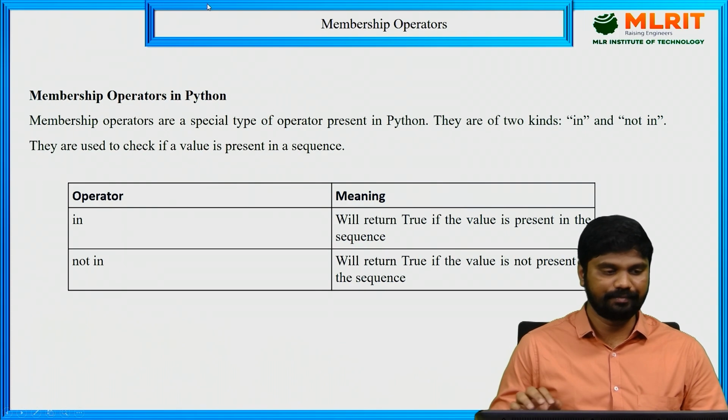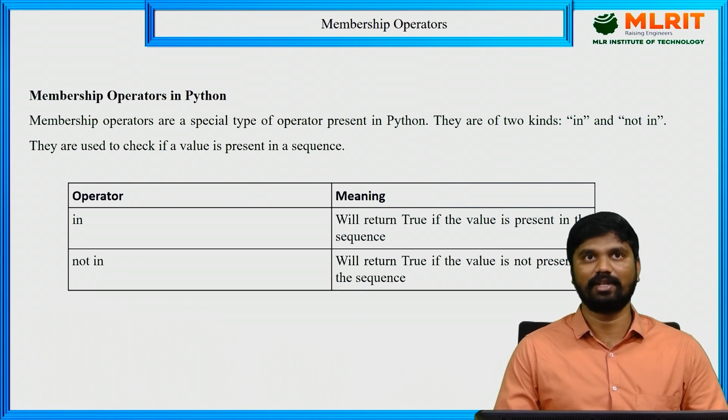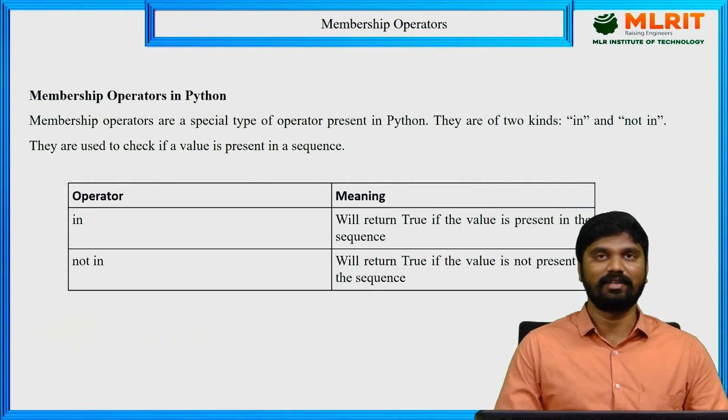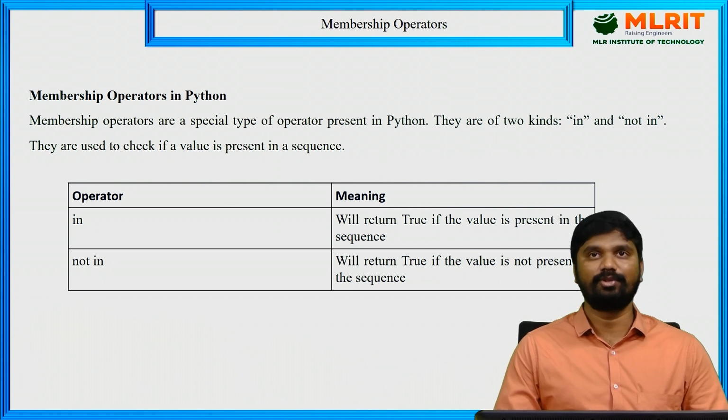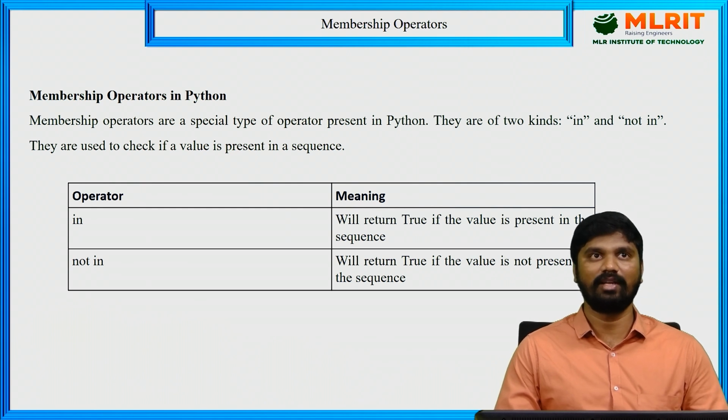Next we have membership operators. Membership operators are also considered a special type of operator present in Python. Here also there are two types of operators, the in operator and the not in operator.